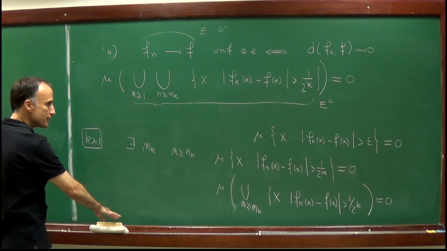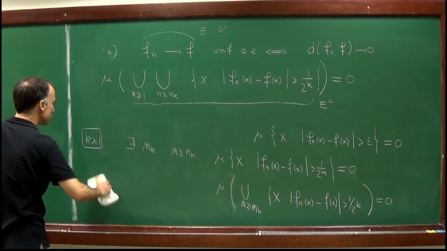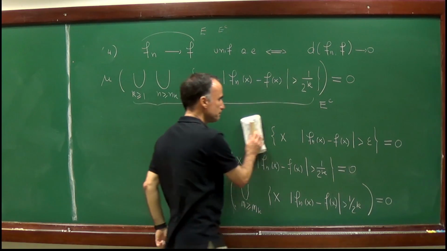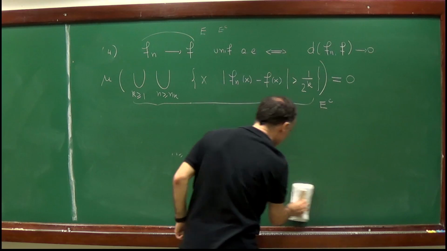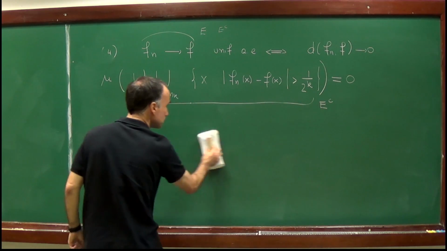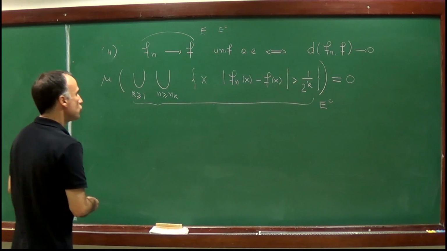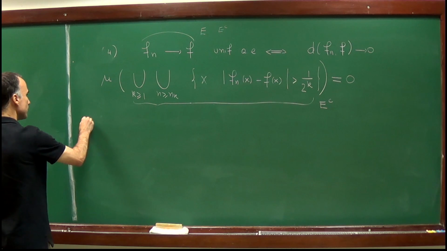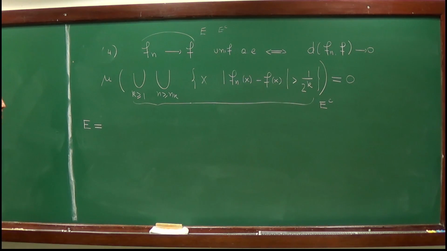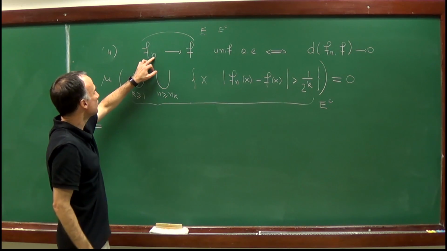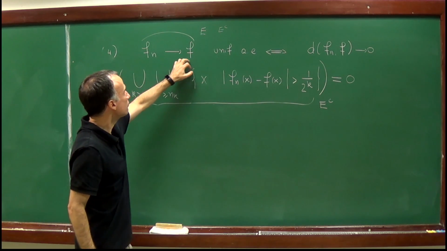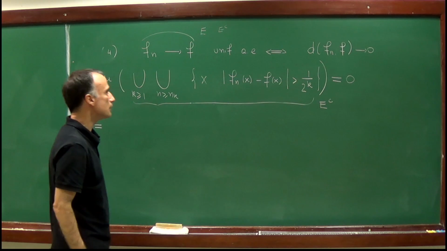So I will erase what I wrote and I will conclude the proof. So let me first write what is the set E, and let's remember that I have to show that Fn converges to f uniformly on this set E.